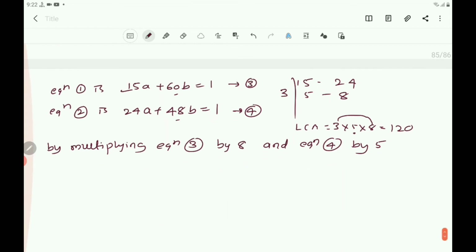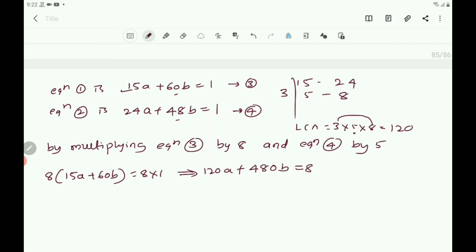Then you get 8 into 15a plus 60b equals 8 into 1. That becomes 120a plus 480b equals 8.